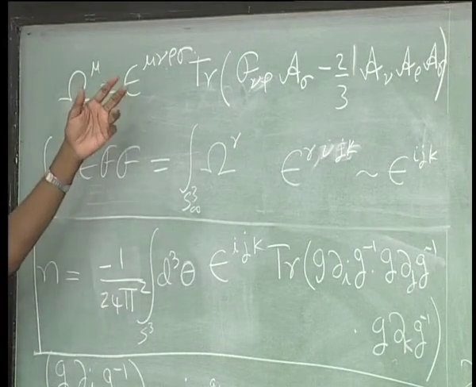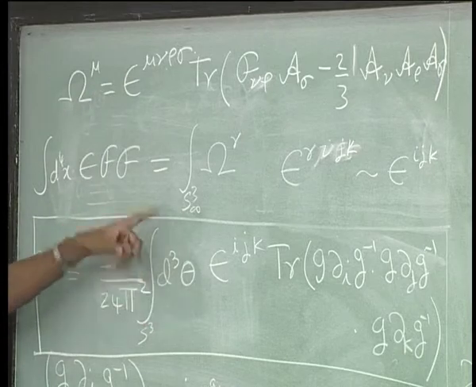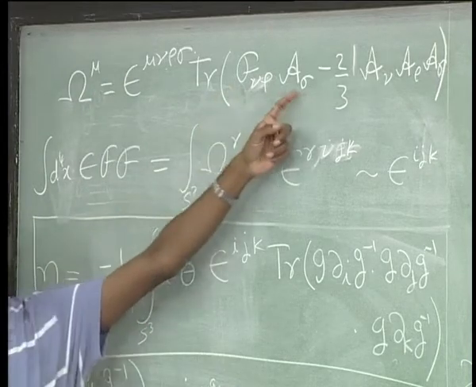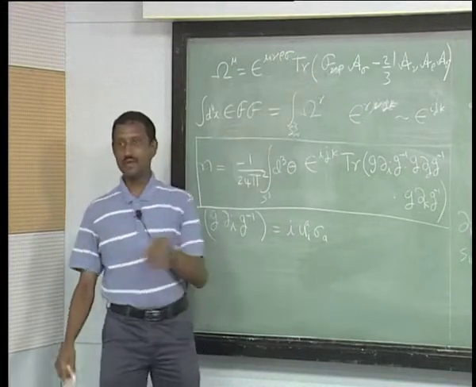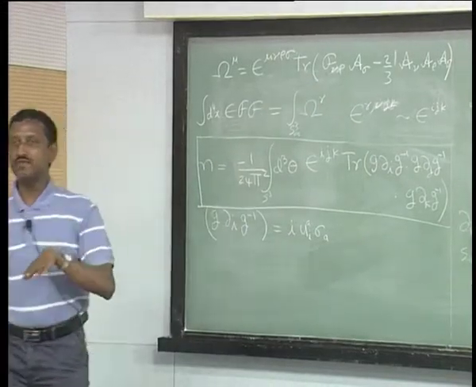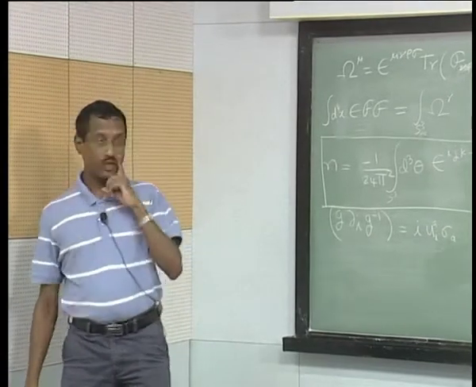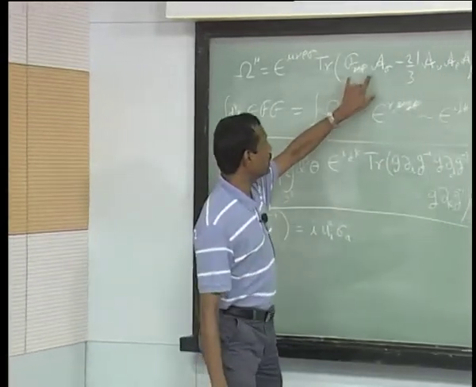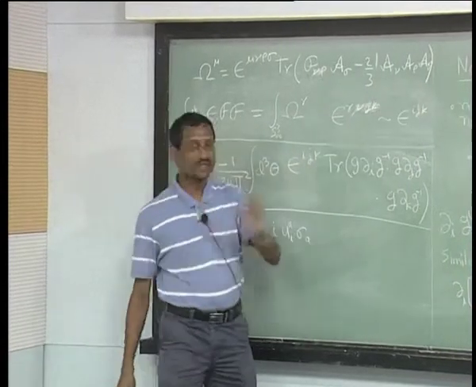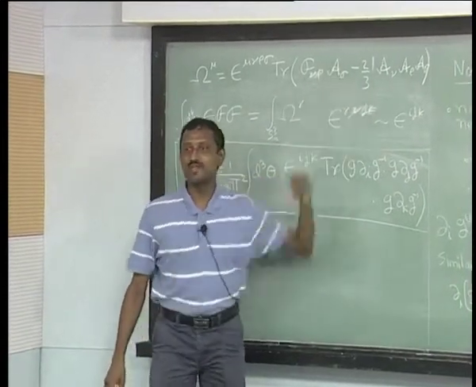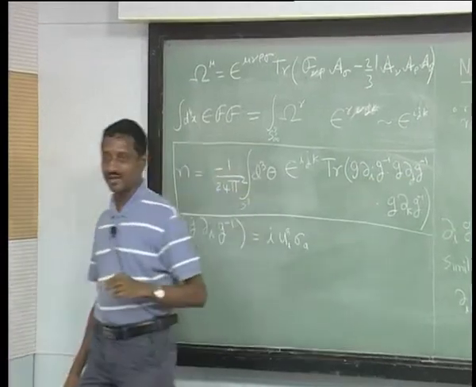What I am trying to show you is that it is coming down to this. But omega r is a function of these A's, and the key point here is we are choosing boundary conditions where the gauge field is pure gauge. A priori it looks like these two are different terms, but for pure gauge they give the same thing and it will only change some coefficients, and that is what I have put out there.